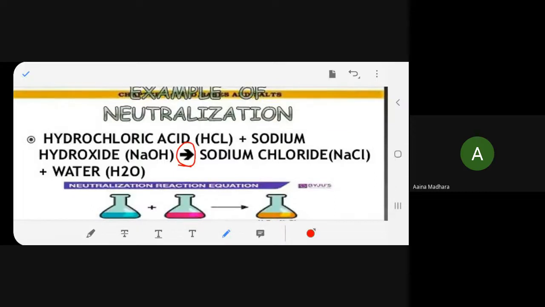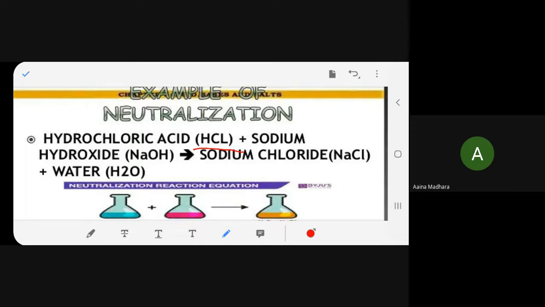So these are the formulas of the elements, so you can say molecular formula. You have to learn all these things now because they come in 8th standard, and things will become easy if you understand right now. What is hydrochloric acid? HCl.